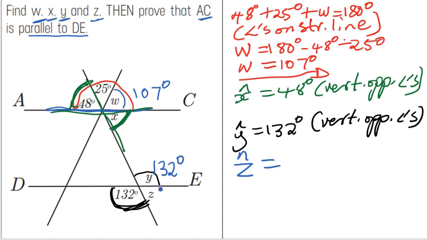We need this angle right now, which is angle Z. If you look at this, it's a straight line, so if we add that angle and this one, they must give us 180 degrees. Therefore, angle Z is equal to 48 degrees.